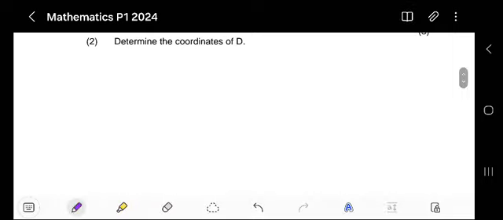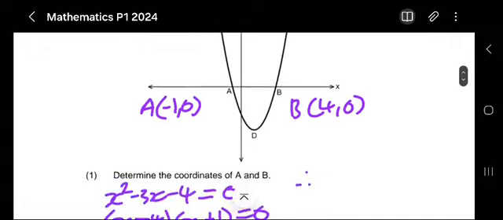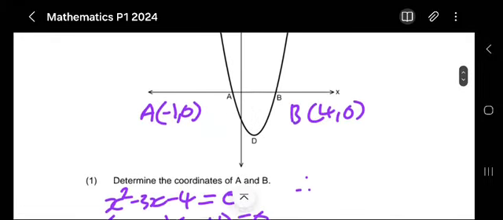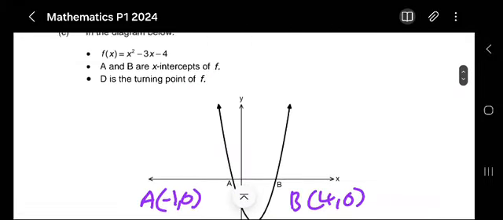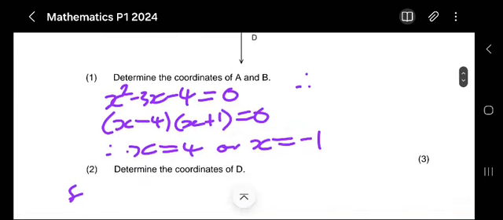It's up to you, use the first derivative or use the turning point formula. This is the turning point formula. You can use the first principle, remember. Because you're in grade 12, I'll just use this.